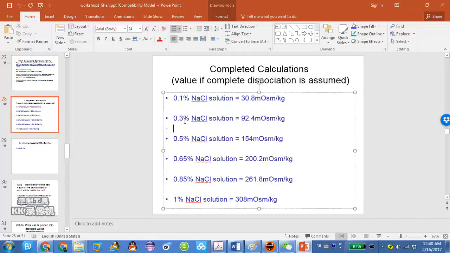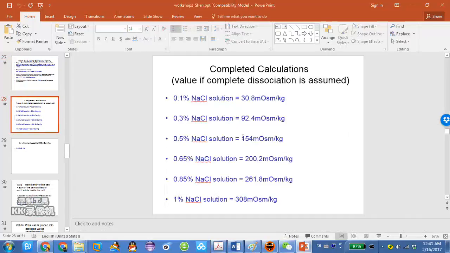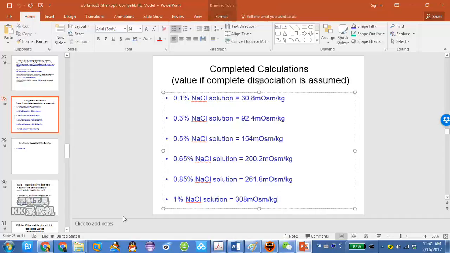So you can simply multiply this number by 3 to get the osmolality of the 0.3% NaCl solution, and multiply by 5 to get the osmolality of the 0.5% NaCl solution. If you follow my calculations, the numbers will be the same. Similarly, you can get the osmolality of the other solutions. The answers are listed here.